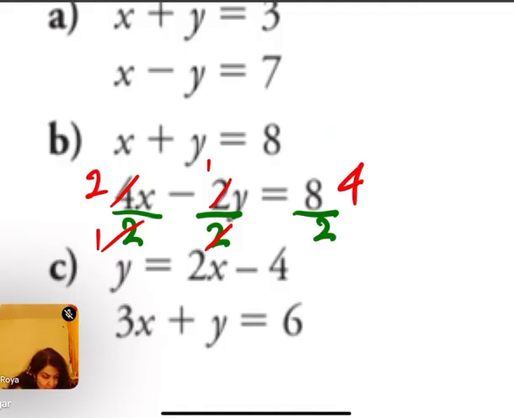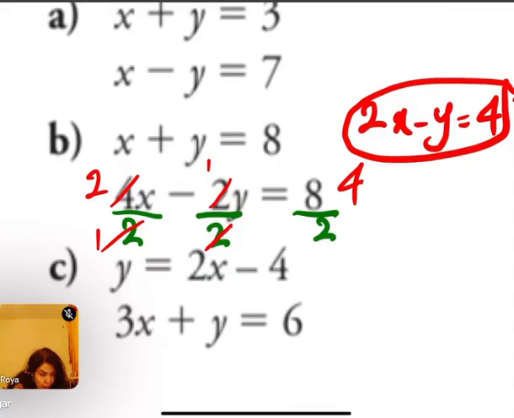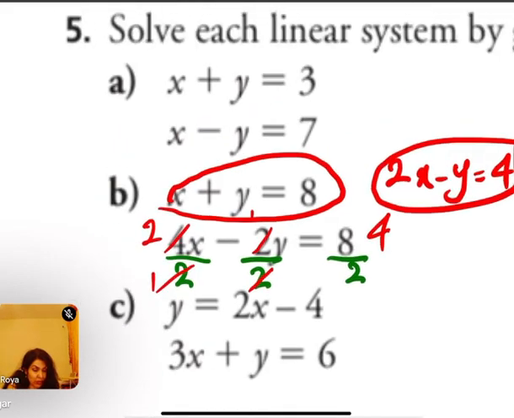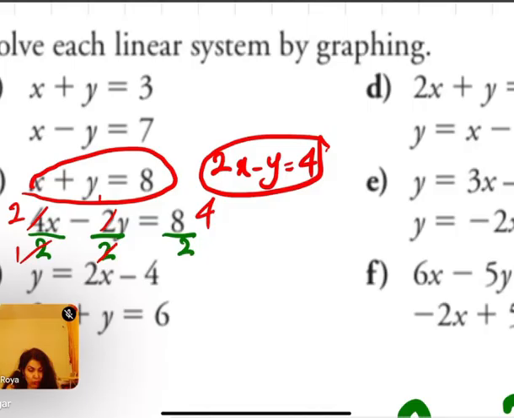So the second equation is going to be 2x minus y equal to 4. The first equation is this one, the second is this one. Again, use the same technique that you learned in question A and do question B.